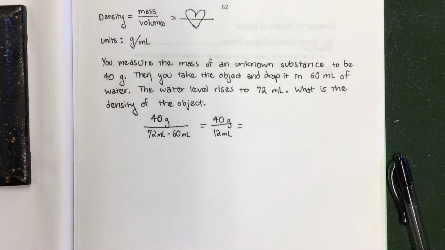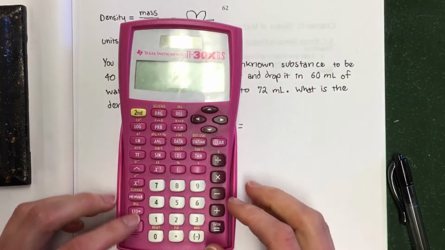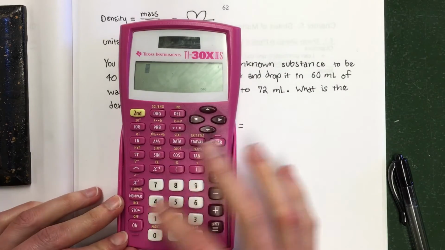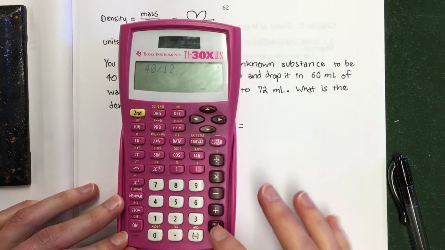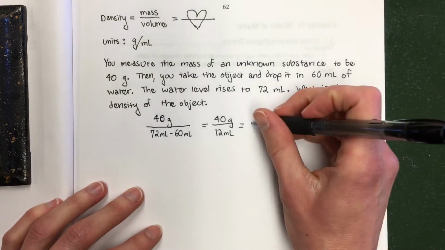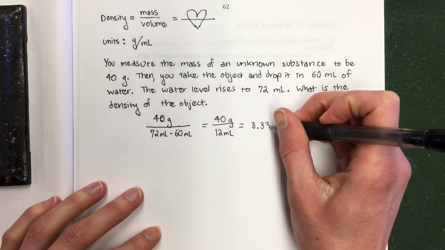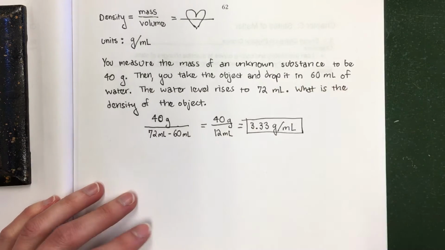And then I just put that in a calculator. So we would do 40 divided by 12, and that's 3.3333 grams per milliliter is the density of whatever this object was.